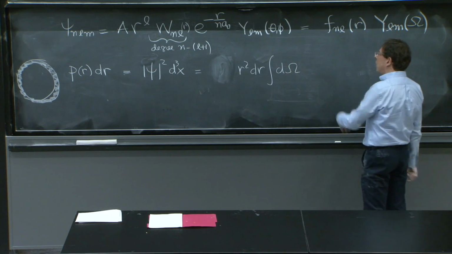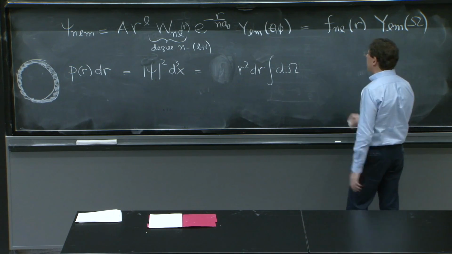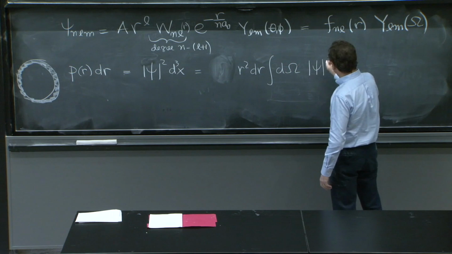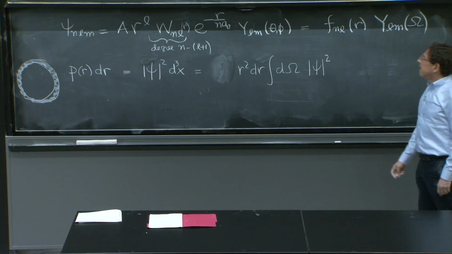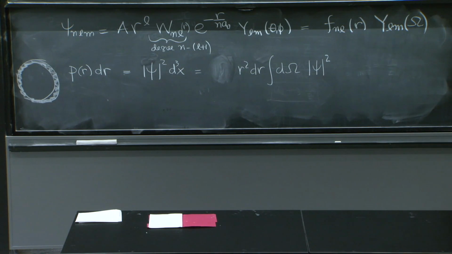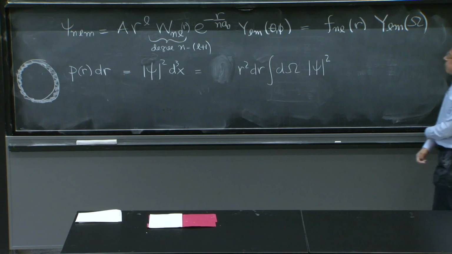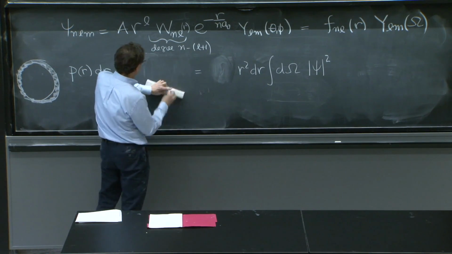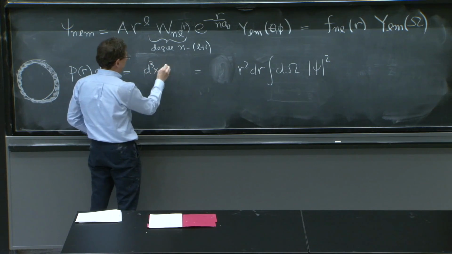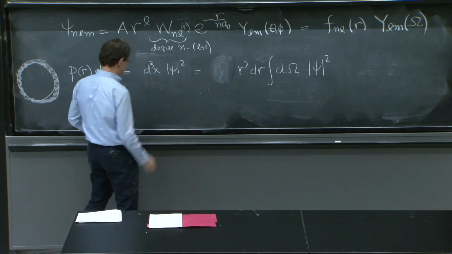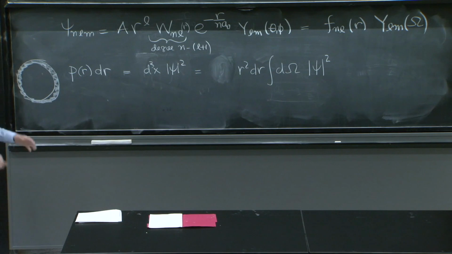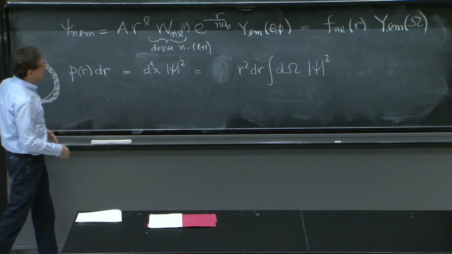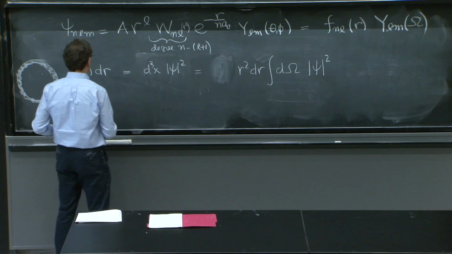That is the volume element. And since I have to integrate over solid angle, I must have psi squared here. So that's the right equation. If you want to make things look perfect, put the d cube x before the psi squared here. And the problem is that the d cube x is big enough that, in some sense, it has a partial integral.